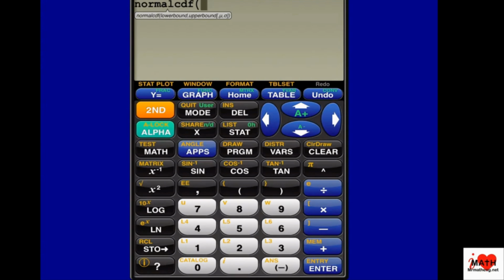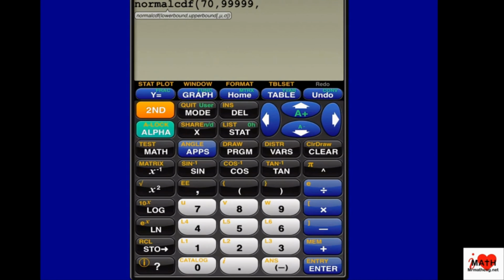And in this problem, okay, so we want to find taller than 70. So my lower bound is 70. And then we're going towards the end. So here, you can just type in like 99,999.